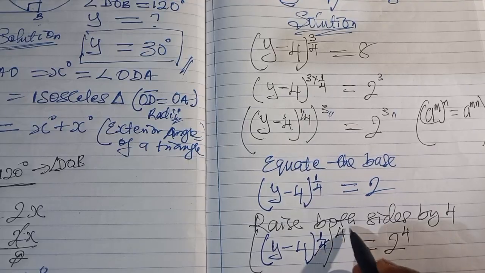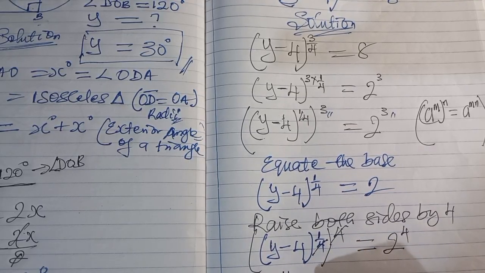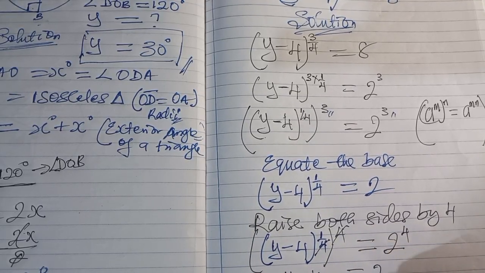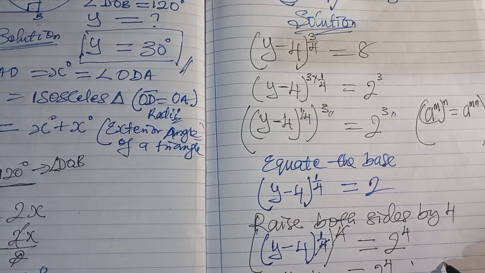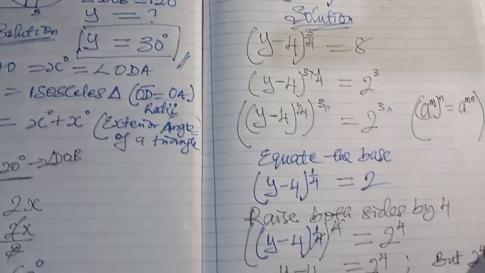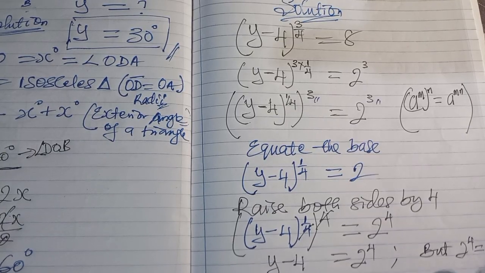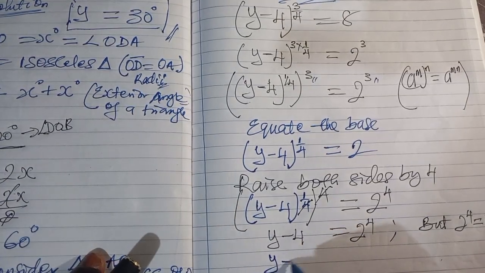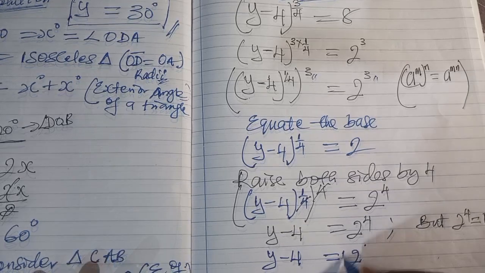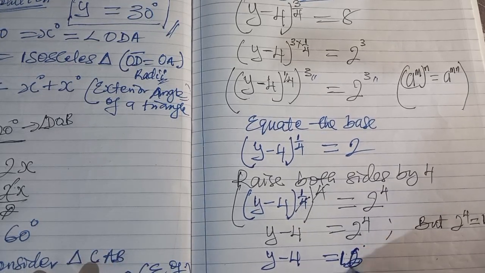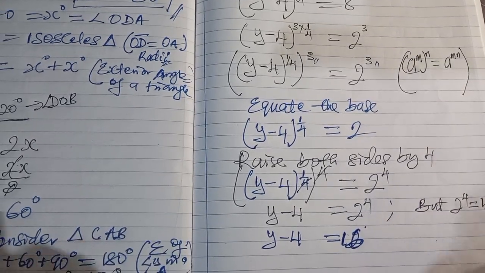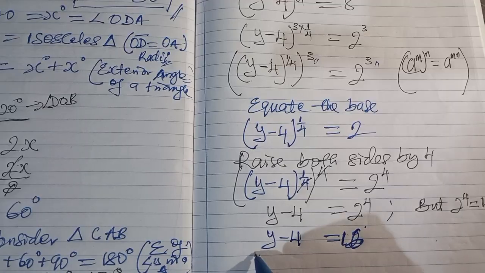So this 4 can cancel this 4. We now have y minus 4 is equal to 2 raised to power 4. But 2 raised to power 4 is equal to 16. So we can now have y minus 4 is equal to 16. Add 4 to both sides.